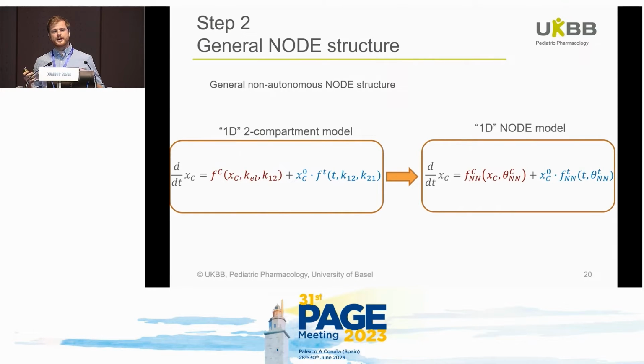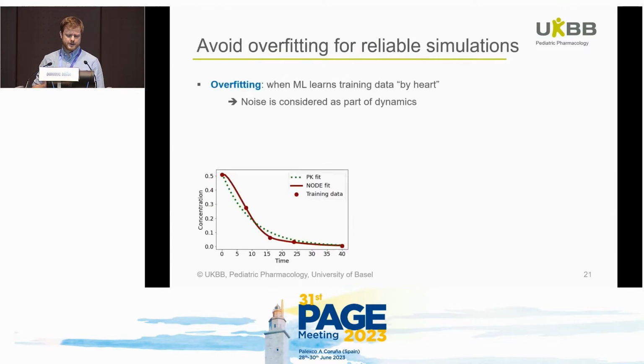With this, we can fit a large variety of pharmacokinetic data. But if we now want to use this NODE and we fit just data from one single subject, something like that can happen, where the NODE almost perfectly fits the training data. But we all know we have noise in our data, and the actual dynamics look more like the green dotted line.